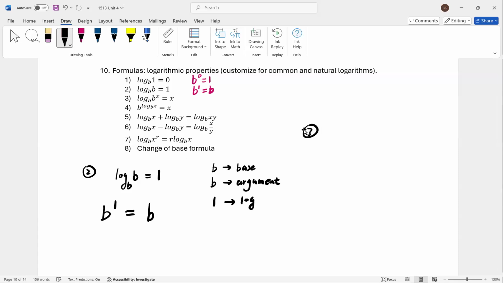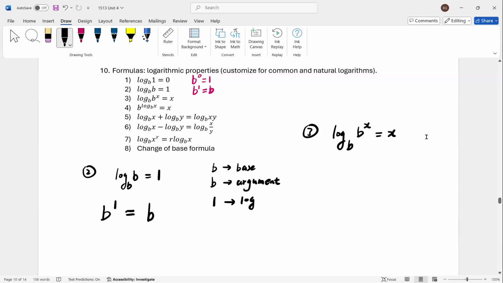The third formula is log with base b of b to the power of x equals x. Okay, this equation looks more complicated, right? But it is a log function. It's actually a log function.